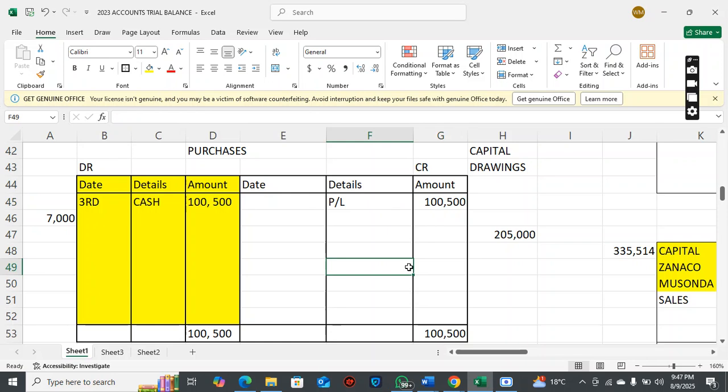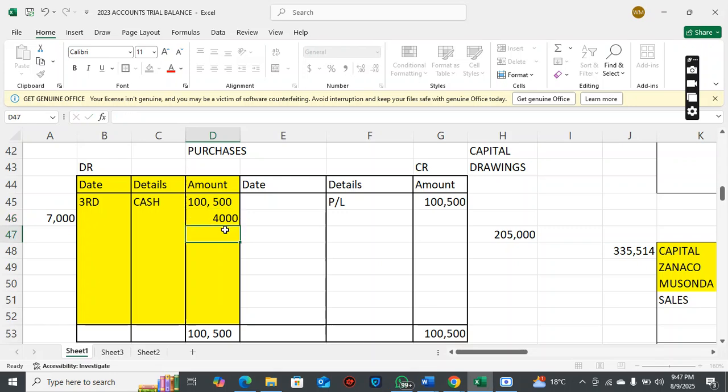Here I'm just doing it for illustration's sake. In this same exercise, there were more purchases, more amounts. But what you notice is that you just have amounts on the debit side, so you still total. Let's say there was a 4,000 here, maybe here there's a 3,000.